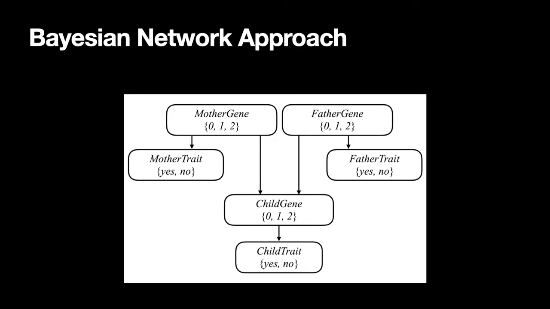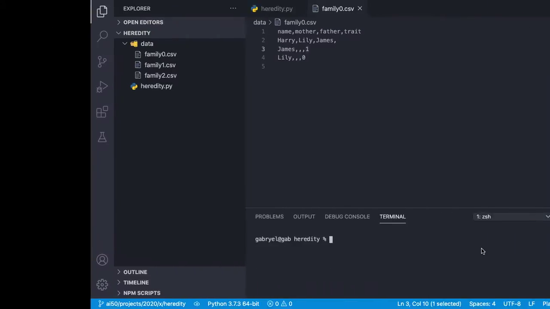So the child gene is directly dependent on the mother and the father gene, and the child trait will be determined by the results from the child gene. So with that in mind, let's move on to the program itself and see.